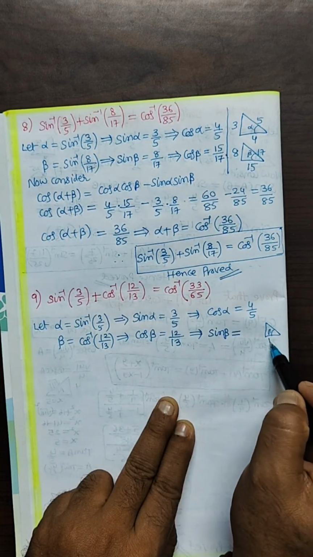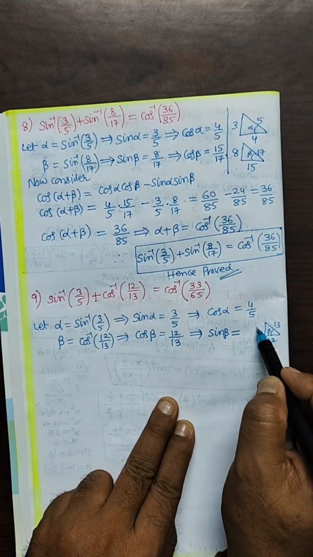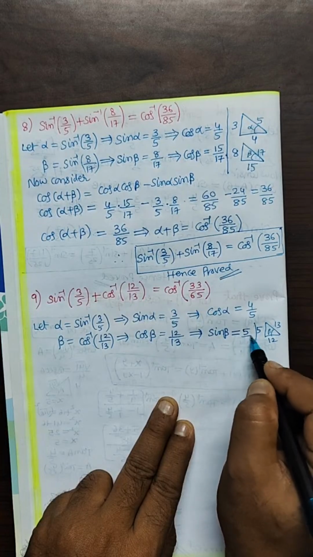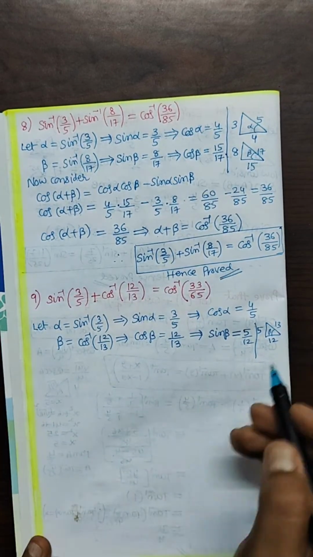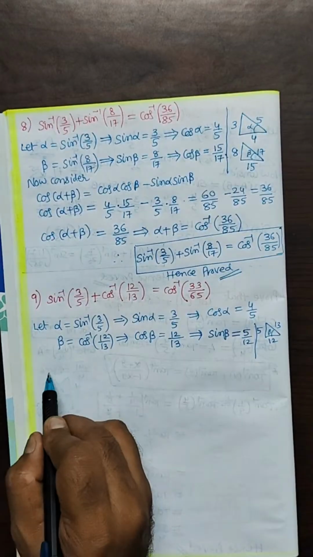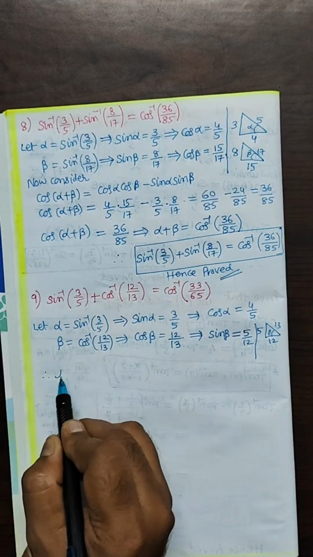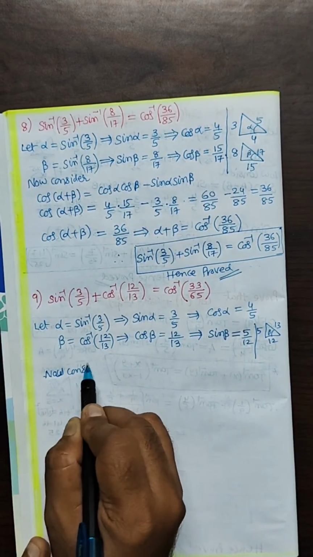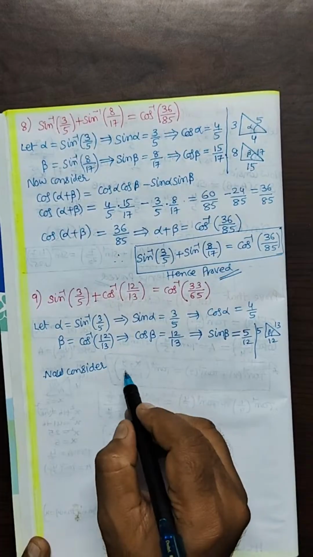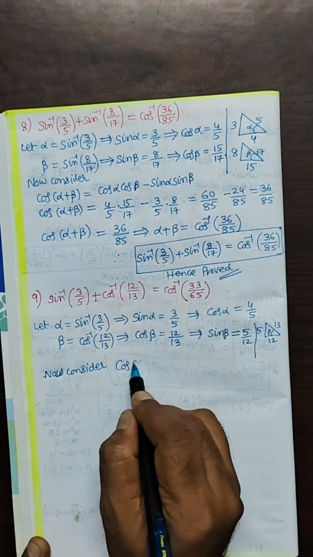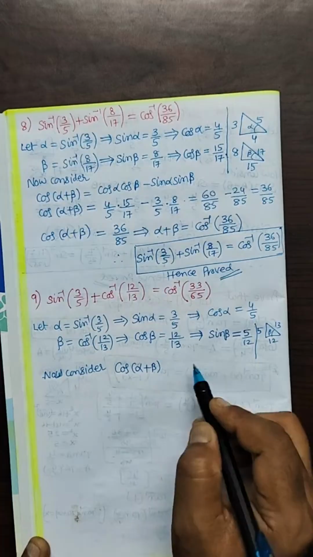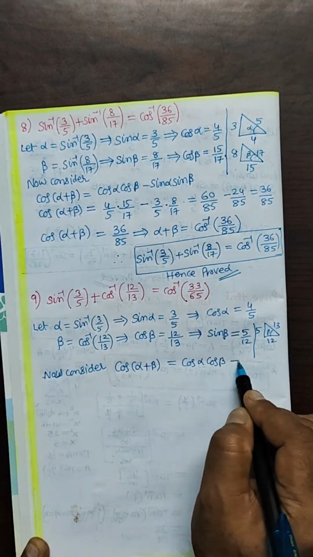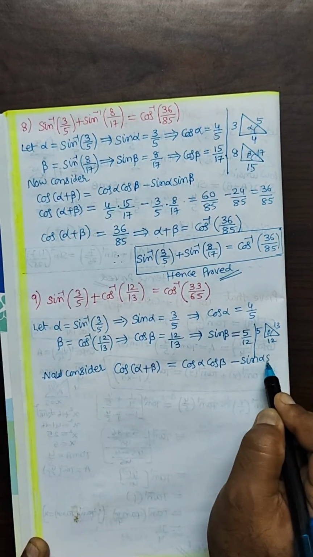Cos beta definition is adjacent side by hypotenuse, therefore it will become 5 surely. So sin means 5 by 13. Later, now consider cos of alpha plus beta. What is the formula for cos of alpha plus beta? Cos alpha cos beta minus sin alpha sin beta.